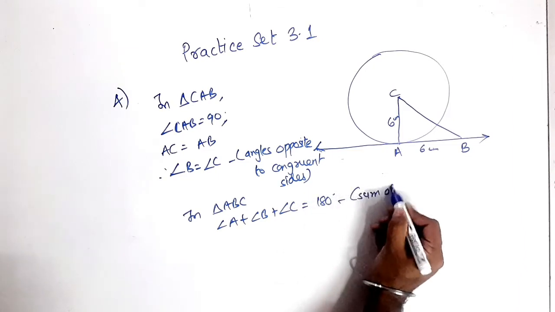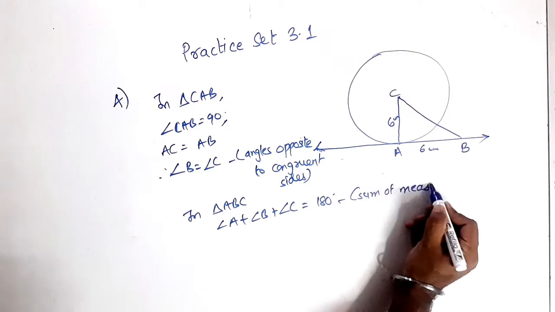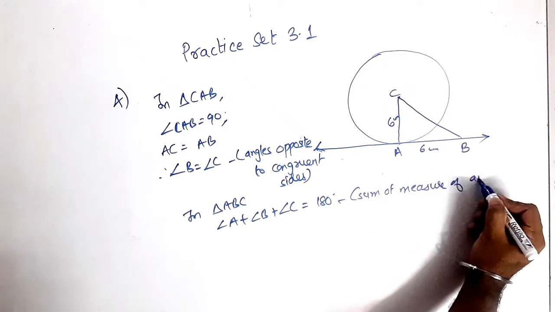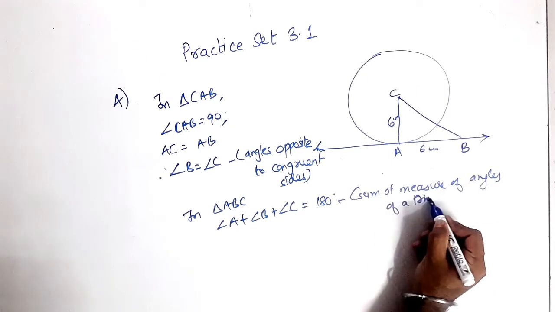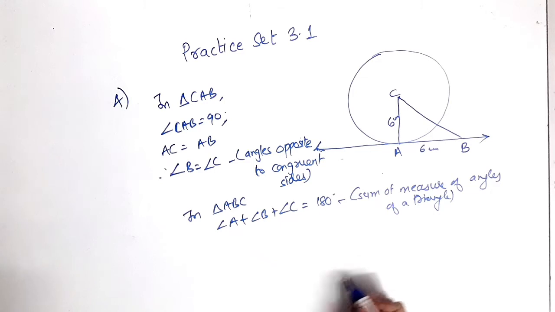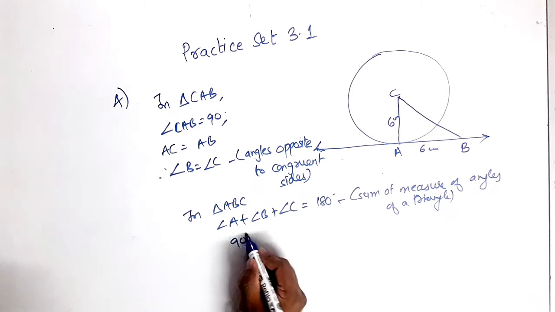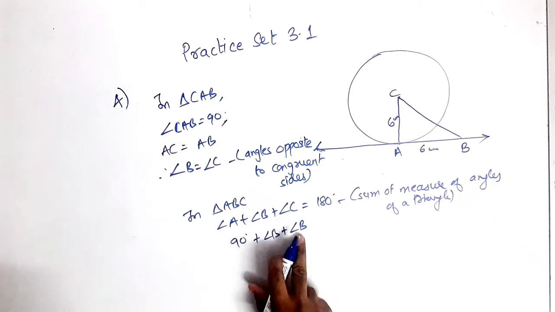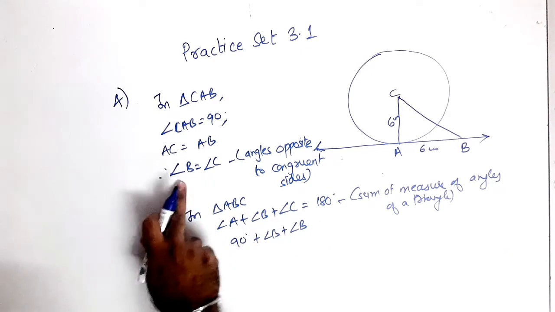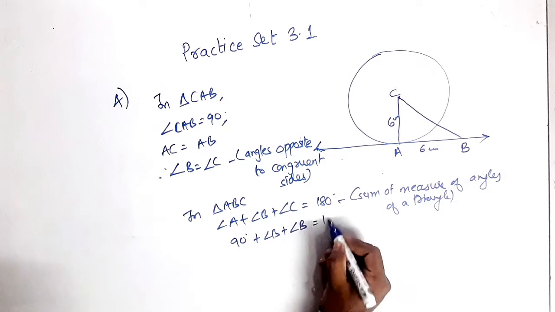Sum of measure of angles of a triangle. Okay, angle A, this is 90, angle B, I can write here angle B again instead of angle C because they both are equal. Why am I doing this?